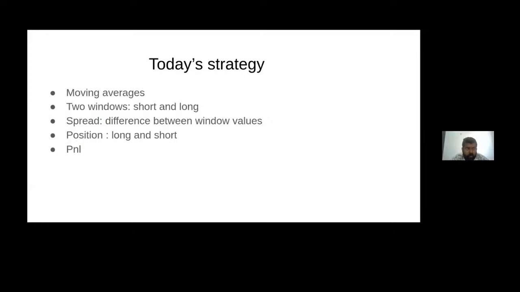So the long window implies how the market has been over a long period of time. As you might be aware, the stock market has pretty much crashed since the coronavirus outbreak. So if you look at the long window right now, I'm sure it will be bearish.